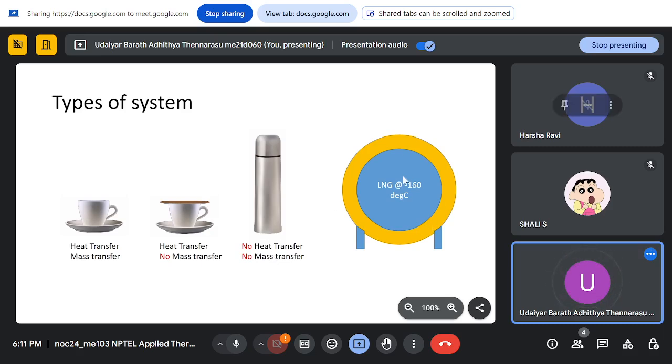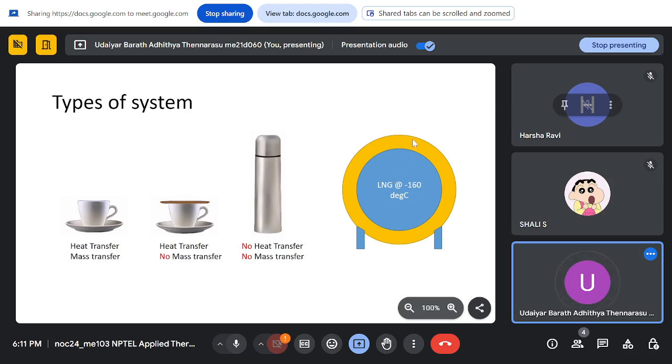So what do you think will be? You have a pressure vessel, and you have liquid natural gas which is stored at minus 160 degrees Celsius. So what do you think that will be? Ideal case, it should be just a similar case to a thermos flask. Because it is minus 160 degrees, the vessel will be insulated.